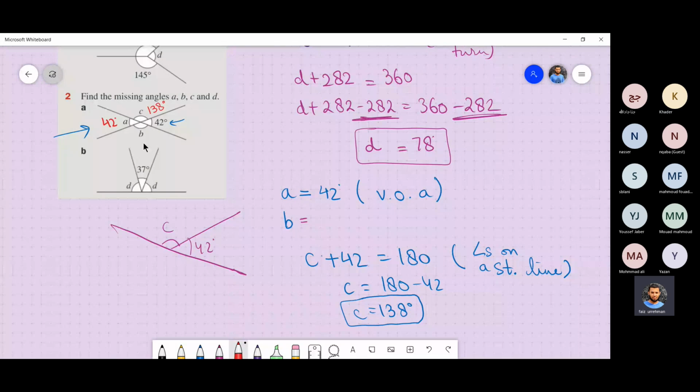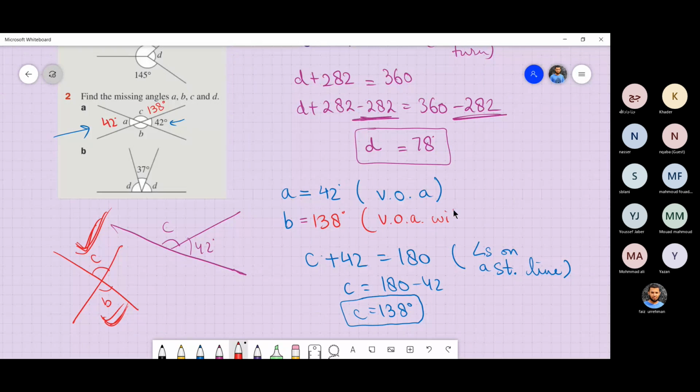Vertically opposite, because you can see in this diagram this is angle C, this is angle B. The value of C you already know, so the value of B will be the same. So B will be 138. Reason: vertically opposite angles with angle C.